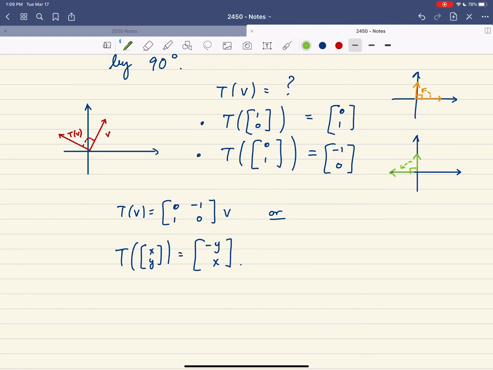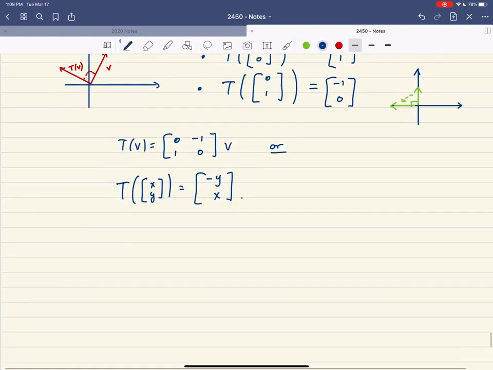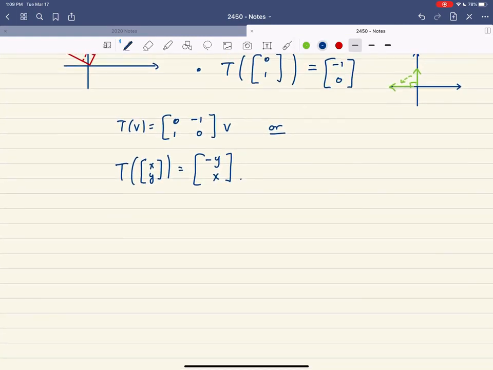Okay, so that's one example. So what I want to do is I want to do this again. And what I want to do is find the matrix T corresponding to, let me just emphasize here that we're still just talking about from R2 to R2.